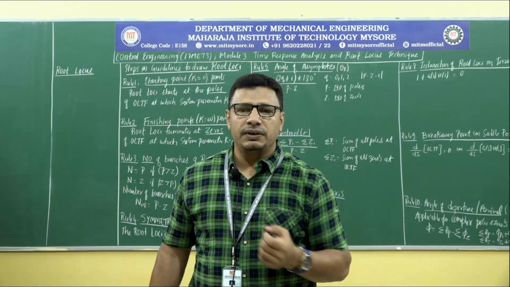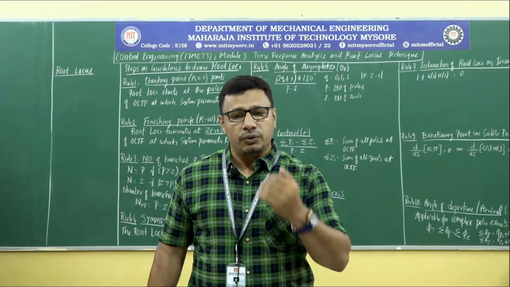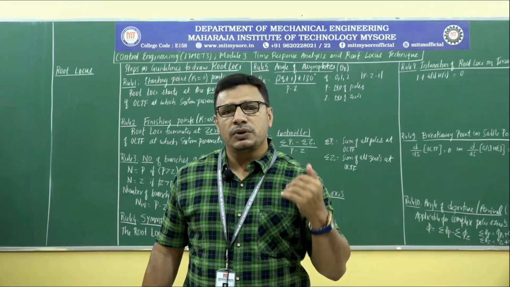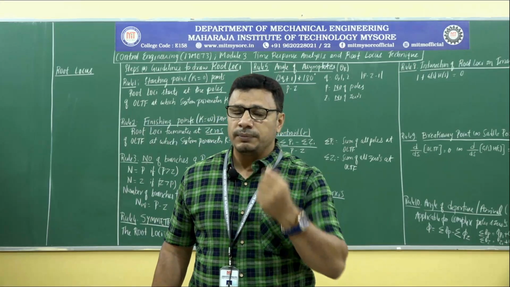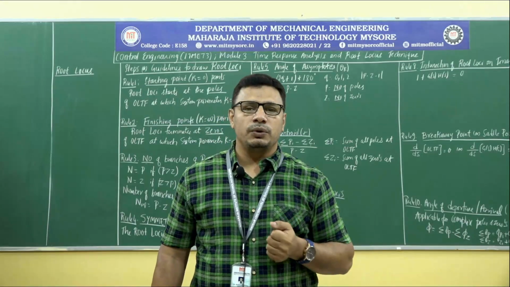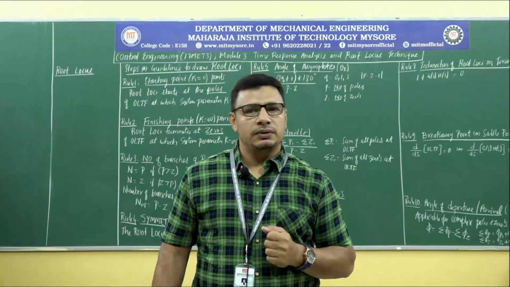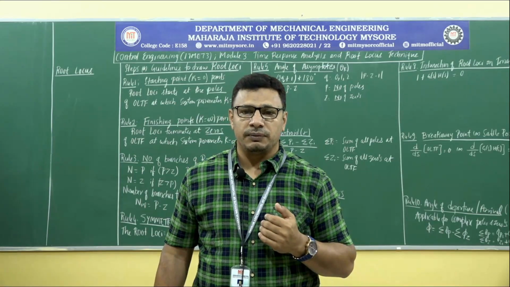You will be able to know at what frequency the system becomes unstable, and for what amount of input, that is the gain, with the root locus technique. And the value of K, that is the gain, you will be able to know from the root locus technique. Those are very, very important pieces of information.